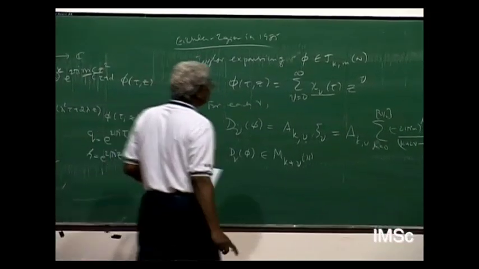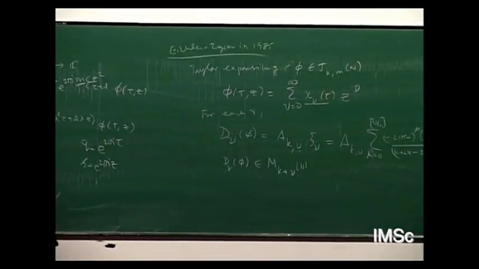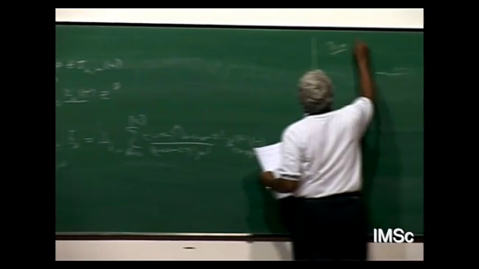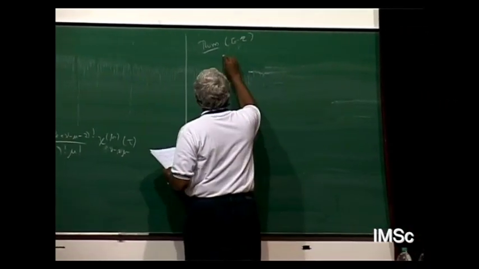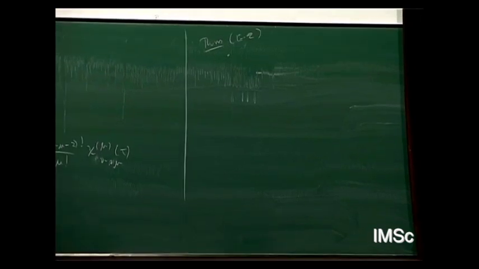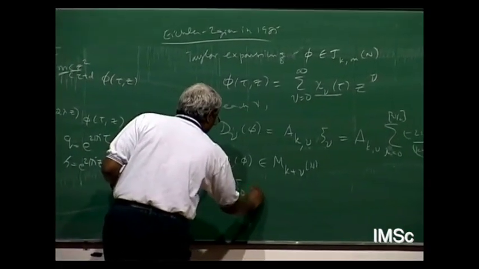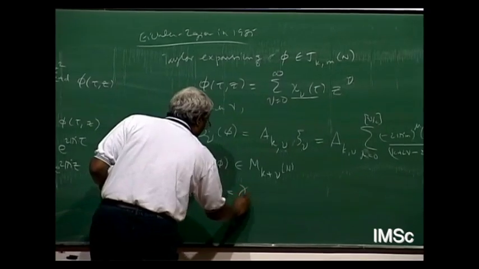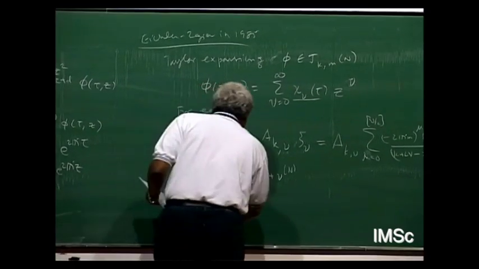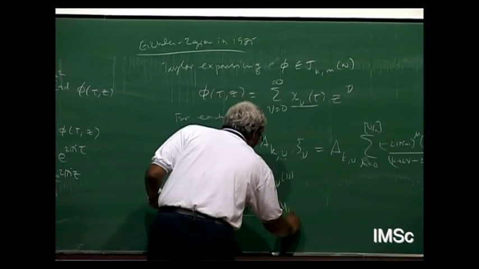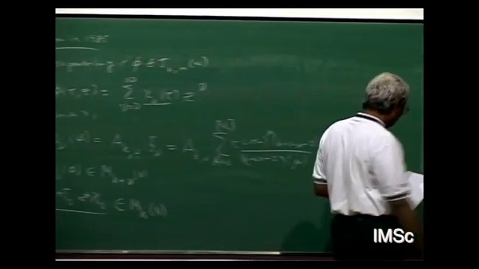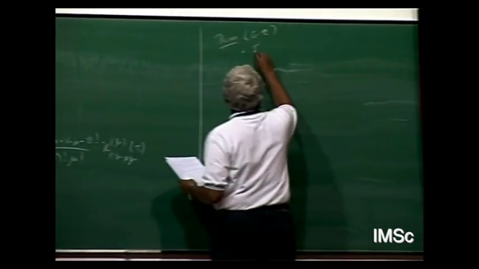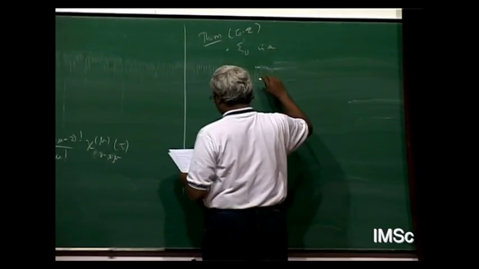So I'll just make a statement, a theorem. Note that psi_0, so D_0, is a constant times chi_0, a modular form. So each psi_nu is a modular form.